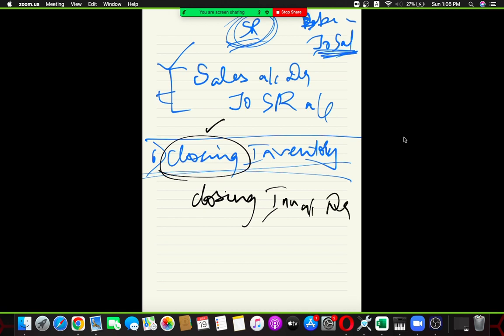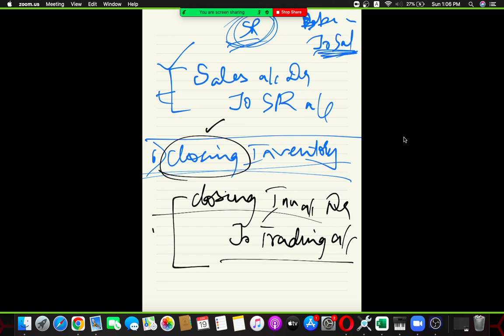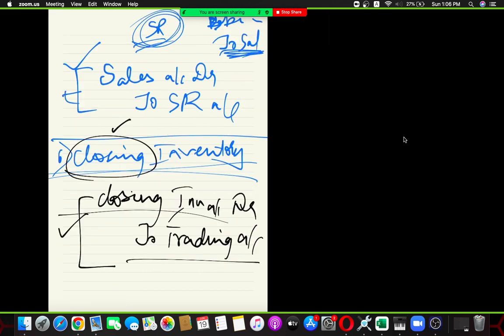Directly, you are not going to put it in some other heads. Directly, you are going to transfer it to where? You are transferring the same thing to your trading account. Now, this is with respect to your trading account entry, closing inventory debit to trading account.